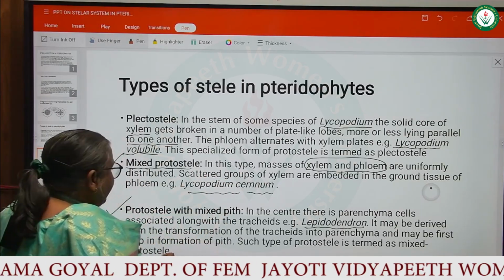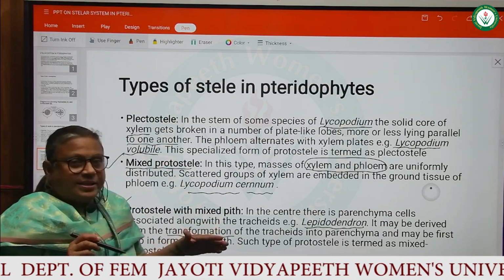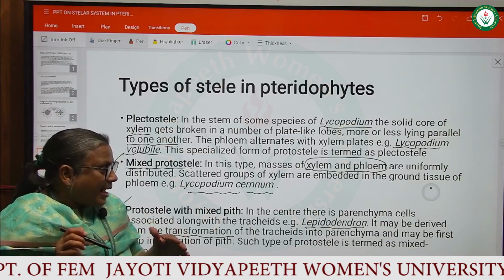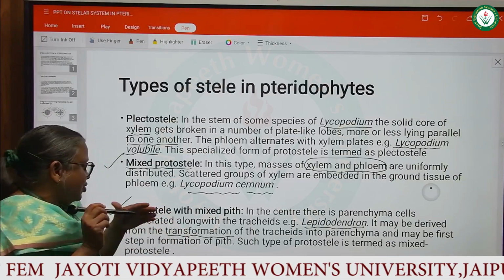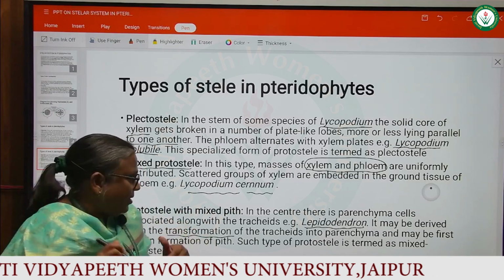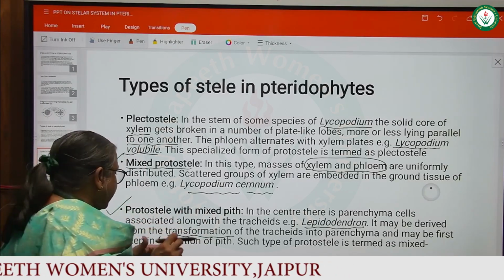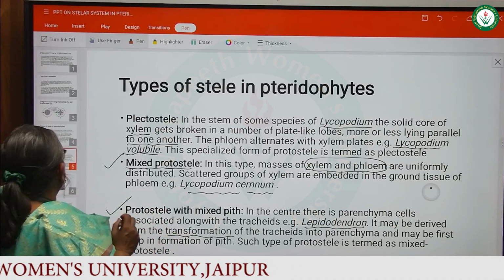It is derived from the transformation of the tracheids into parenchyma and may be the first step in the formation of the pith. Such a type of protostele is called mixed protostele.